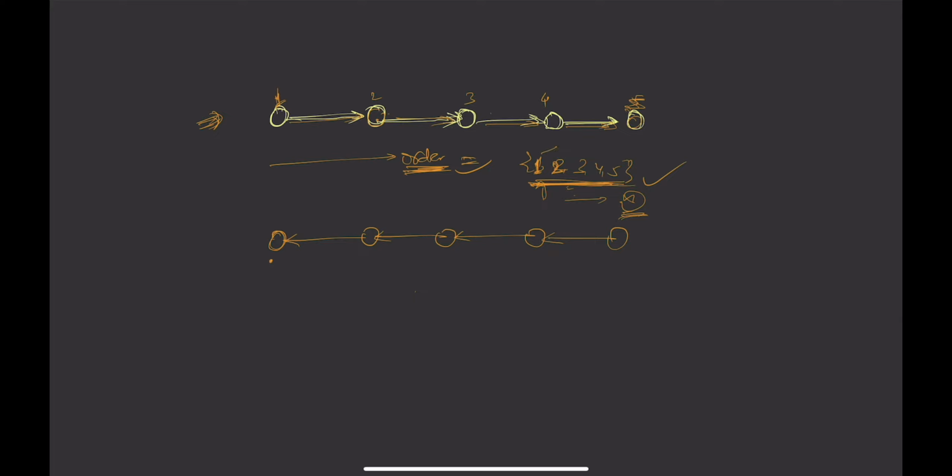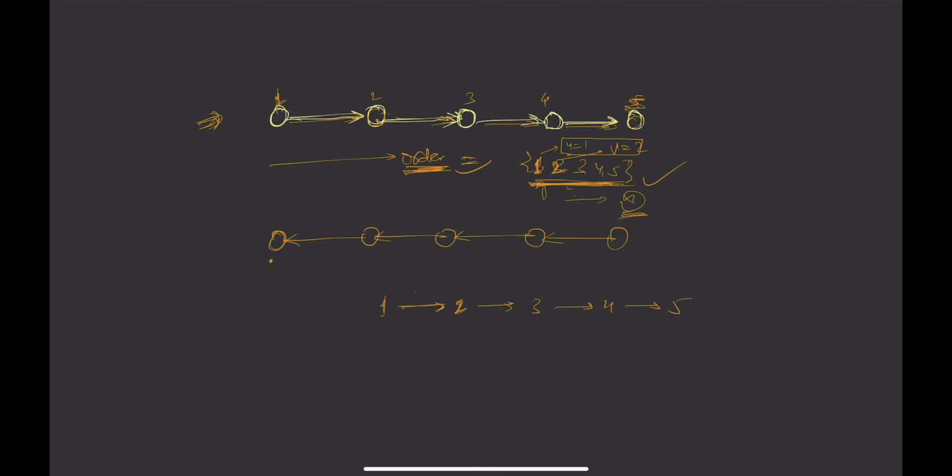From here I got U is 1, V is 2. So I have this graph 1, 2, 3, 4, 5. Obviously there is a flight, there are 2 nodes.